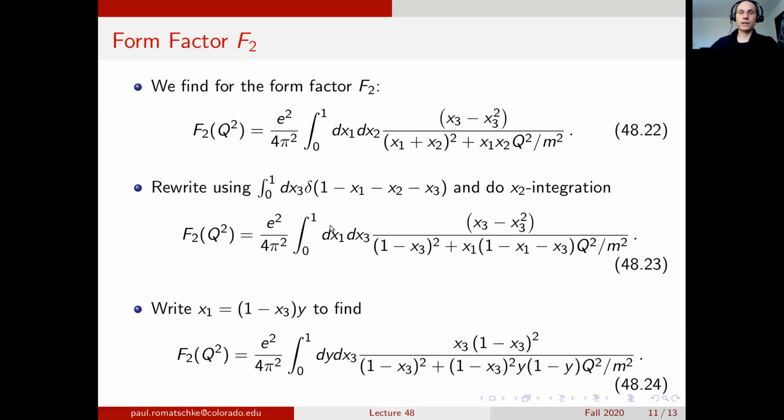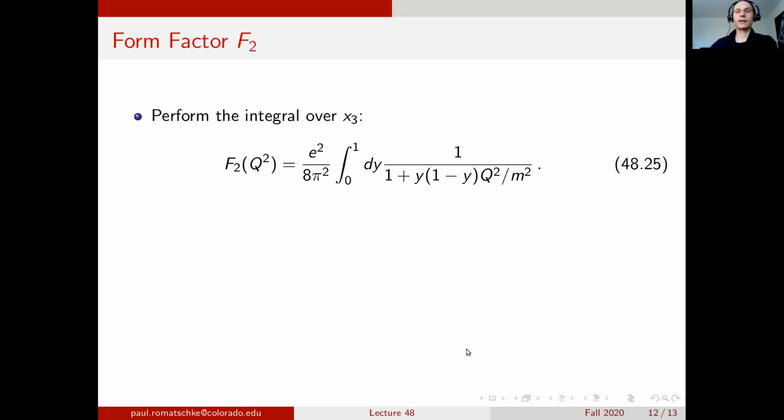And there's another 1 minus x3 from the Jacobian. So all of these mean that the integration over x3 is such that all of the 1 over 1 minus x3 squared pieces cancel, and we just have an integral over x3 of x3 itself that is just 1. And we are left with the integration over this variable y, which is given in the following form here.